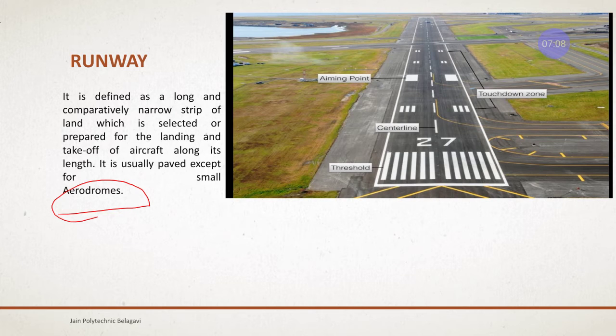The place where the aircraft will land and take off, do unloading and loading works, repair and maintenance works will be done, where the people will buy the tickets, go to the counters, go through the scannings. All these are done in the airport itself, right? So aerodrome is nothing but an airport.